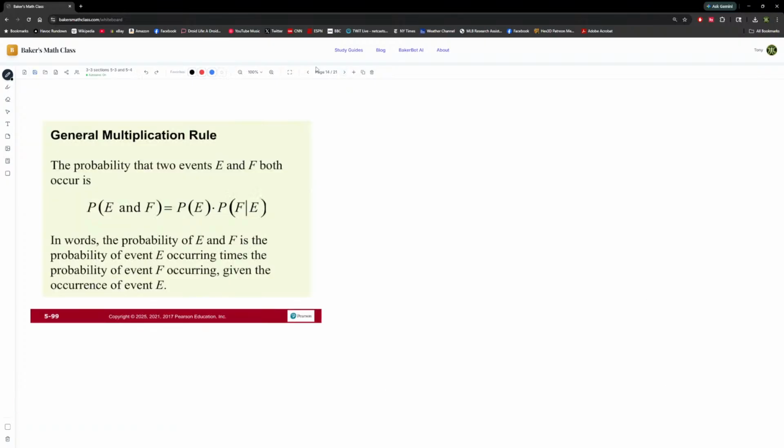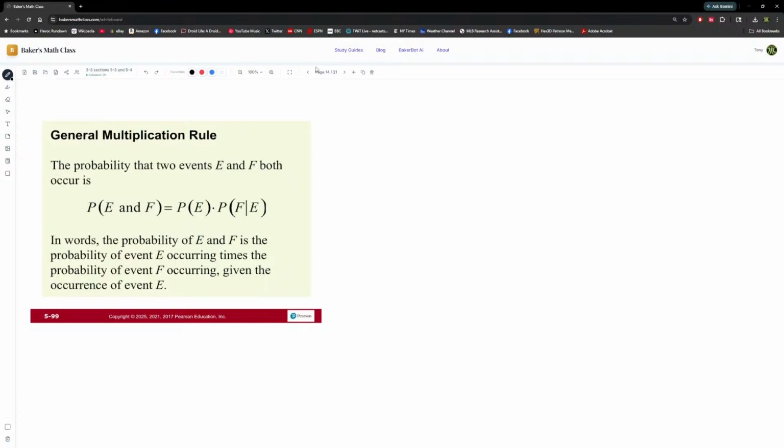The general multiplication rule is this. So notice the one we did before was when they were independent events. Just like when we did addition, when we're looking at the general one, we add a little extra piece because we have to take care of the fact that they may not be independent.